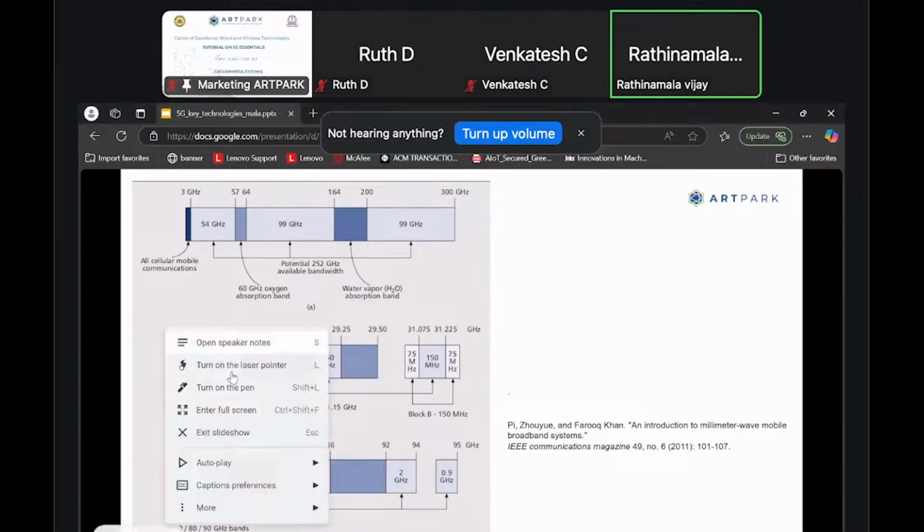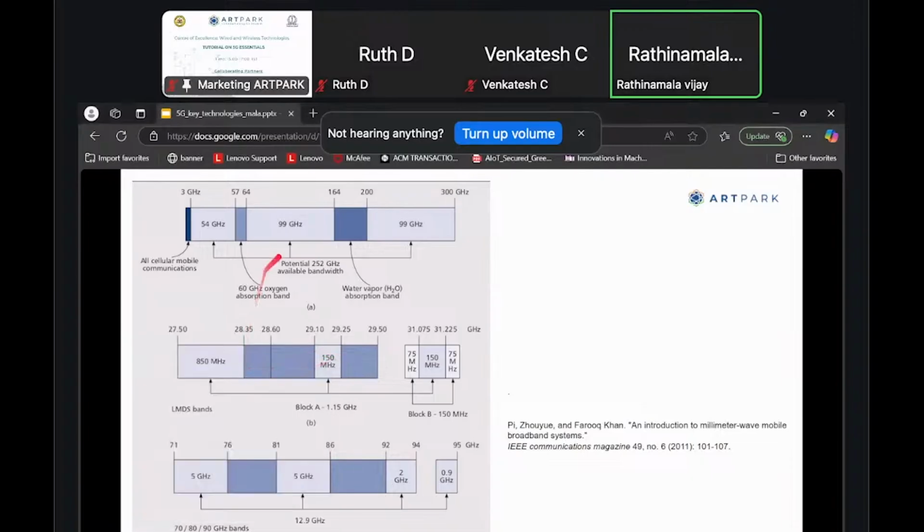There are a few bands, for example between 57 to 64 gigahertz, that are not being used because that is an oxygen absorption band where the electromagnetic waves are absorbed. Similarly, 164 to 200 is more resonant with water vapor. Apart from that, the rest of the frequency range can be utilized.